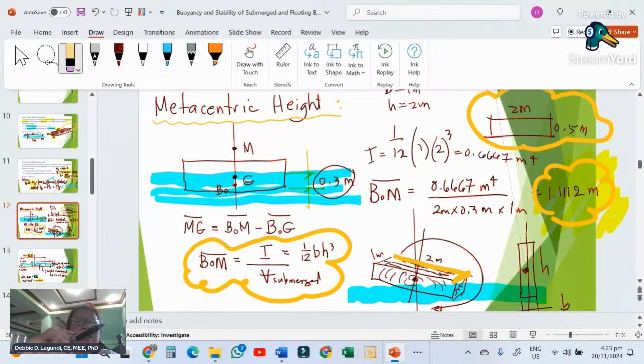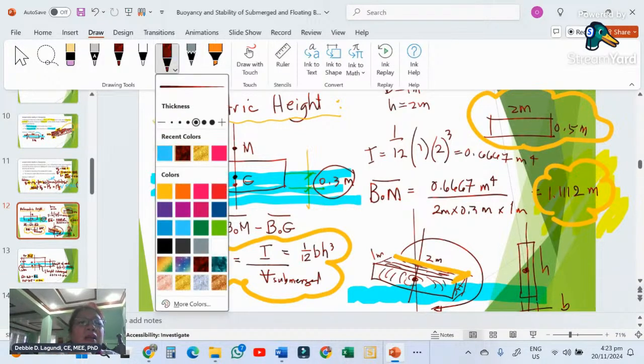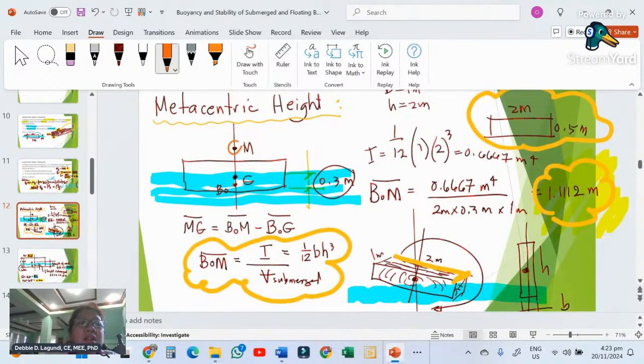They must always be aligned: the metacenter, the G, and the center of buoyancy. Those three must be aligned. Once they tilt, it's not stable.